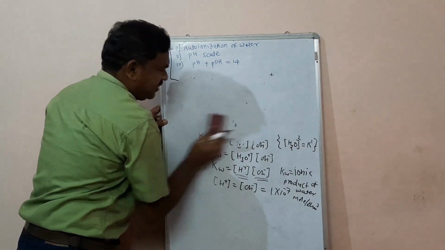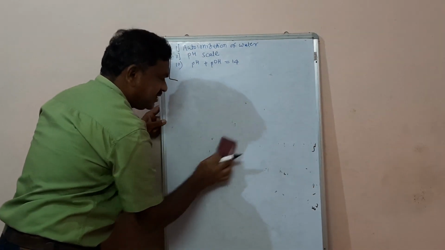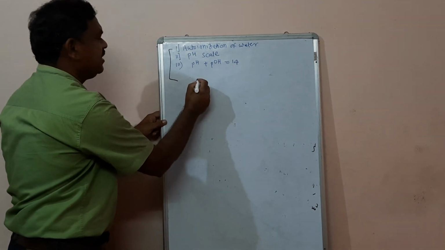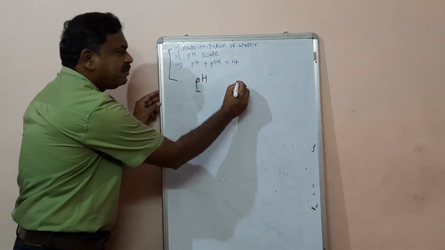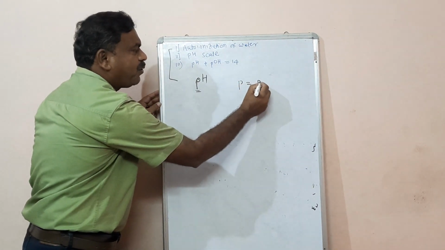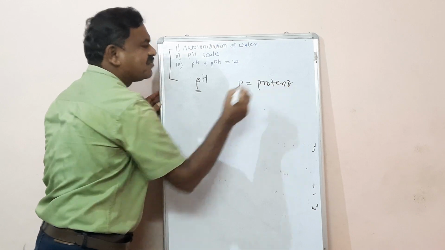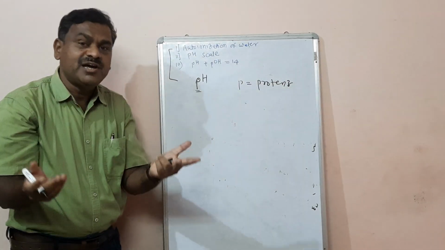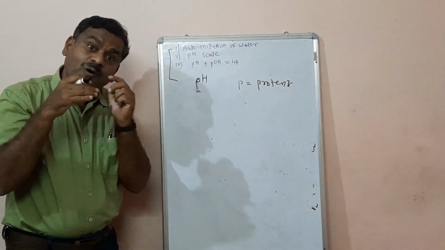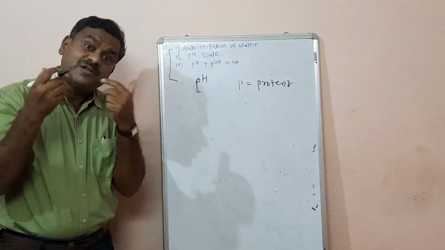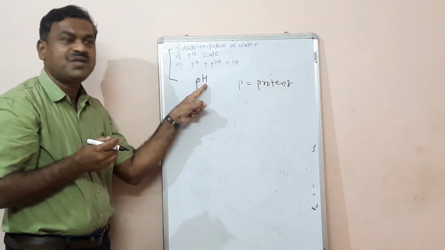Next point is the pH scale. Now, pH scale means what? In pH, the P stands for potential, the power or concentration of which? Hydrogen.